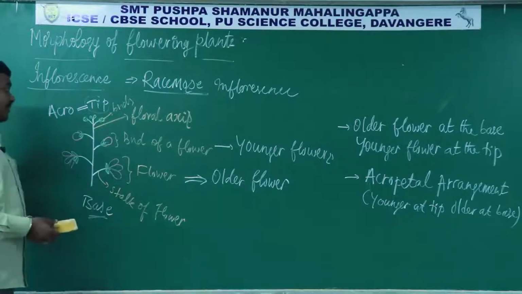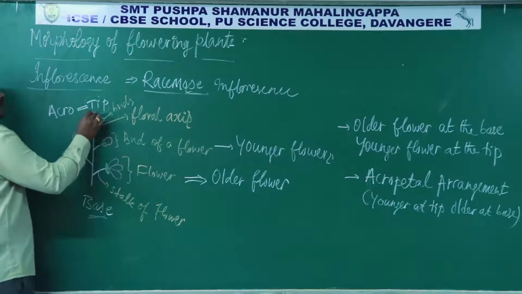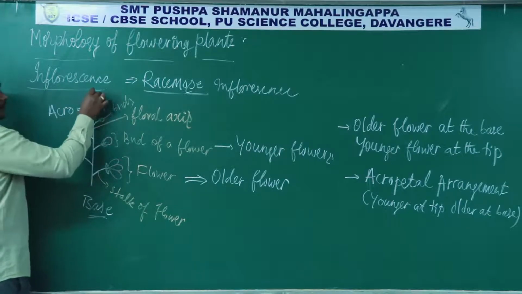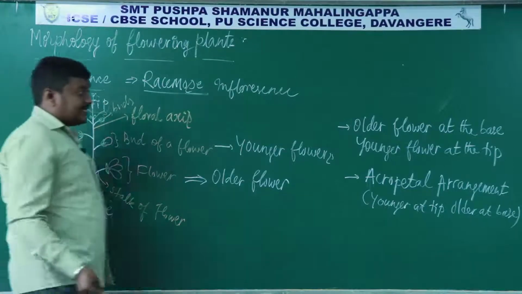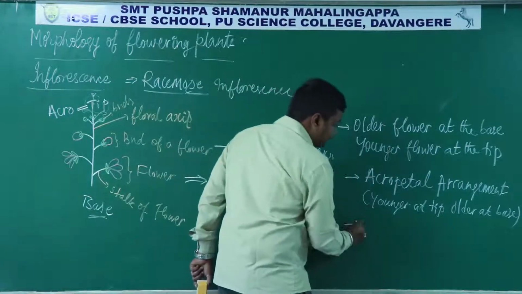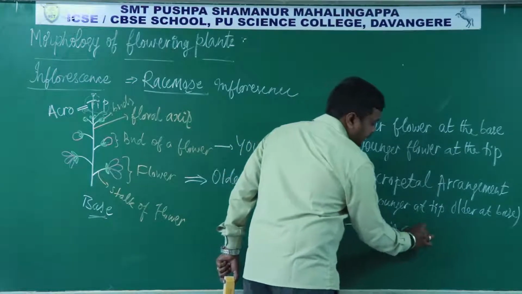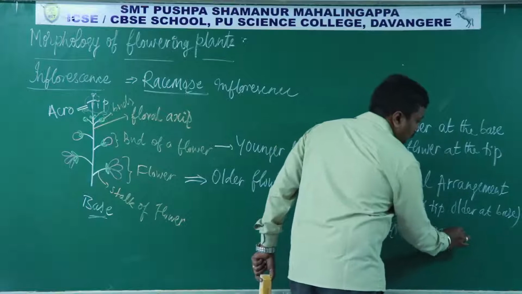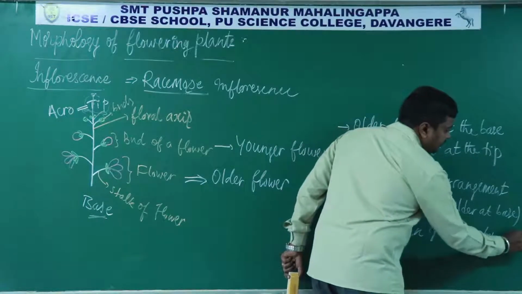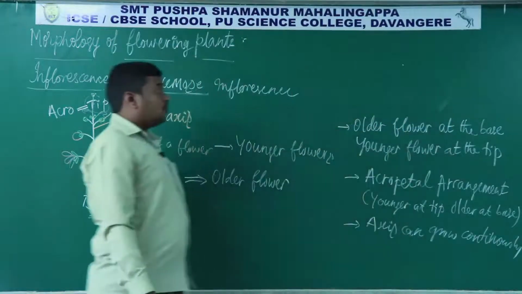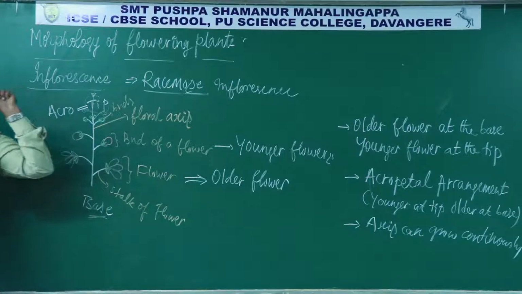And one more important thing here, this axis can grow further. It can go further ahead, new buds will come at the tip, and these flowers will bloom. So the axis can grow continuously. If an axis can grow continuously, then no doubt that the inflorescence type is racemose.